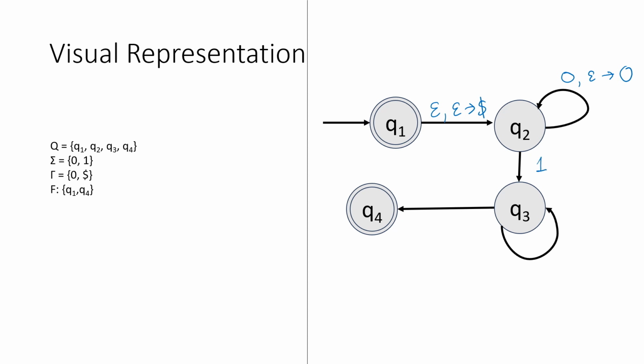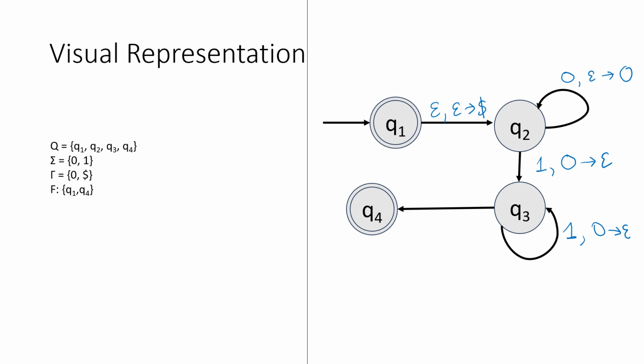So that will be my transition to Q3. And now I'm going to pop zeros off the stack, and I'm not going to replace them with anything. So it's 0 to epsilon. And then similarly, on Q3 a 1 and then 0 to epsilon.